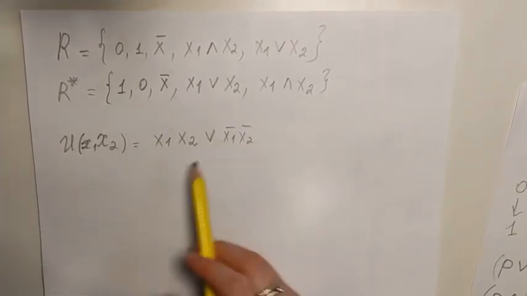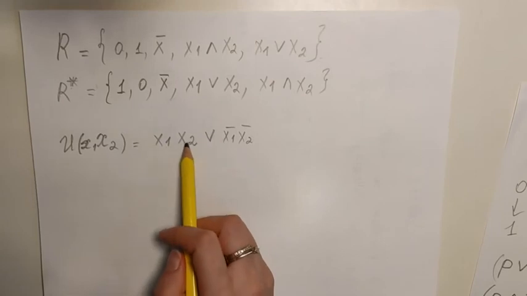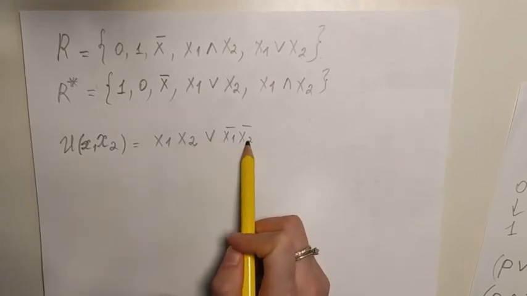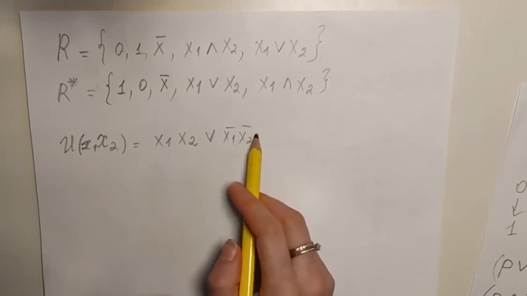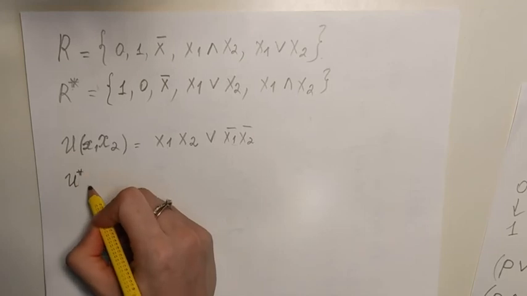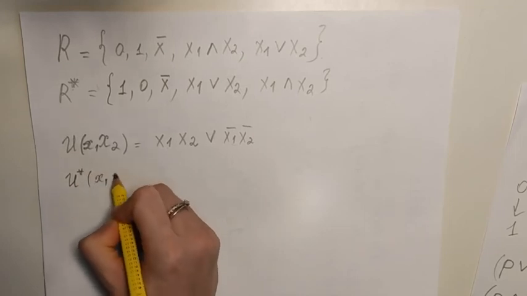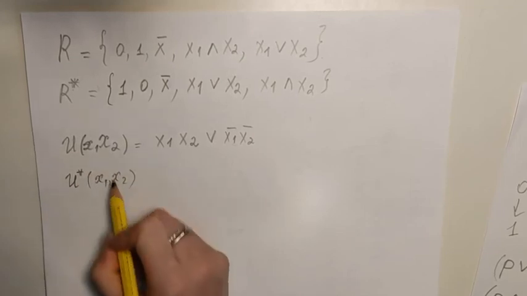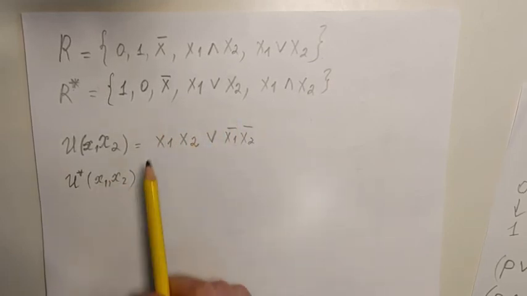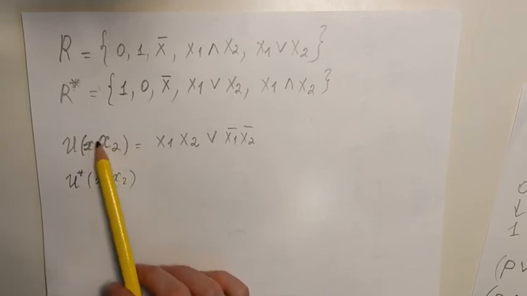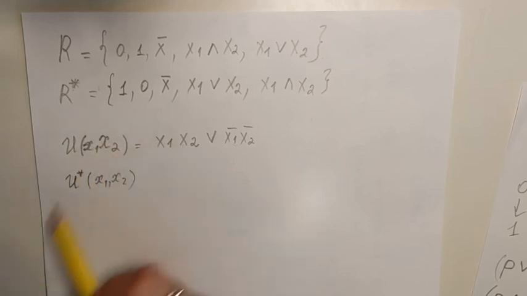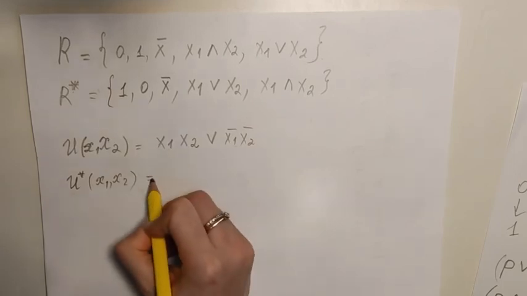We read it as x1 conjunction x2 disjunction x1 conjunction x2. If we want to find the duality of U, we denote it by U star of x1 x2. x1 x2 means that in our compound proposition we use just two variables, just two propositions, x1 and x2.